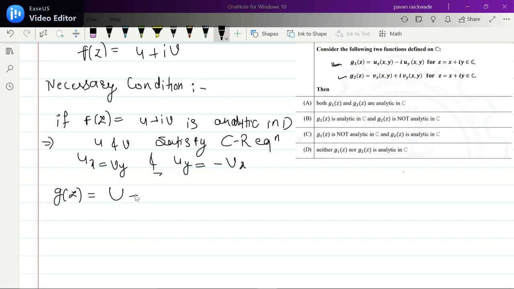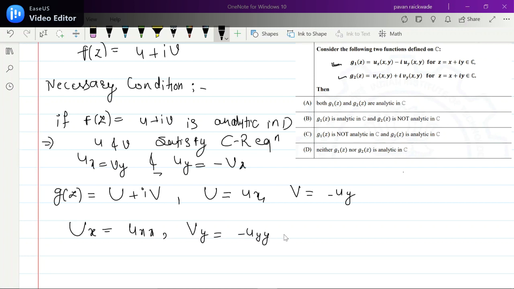So let's check for G1 at z. It's given as, I write it as capital U plus i times capital V, where capital U is ux and capital V is minus of uy. So let's check whether this satisfies CR equations or not. What is capital Ux now? Ux will be uxx and Vy will be minus uyy. But we know because f is analytic, its component functions are harmonic. What does it mean? It means uxx plus uyy equals 0 and second order partial derivatives of a harmonic function are continuous.